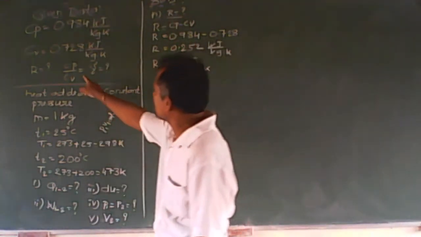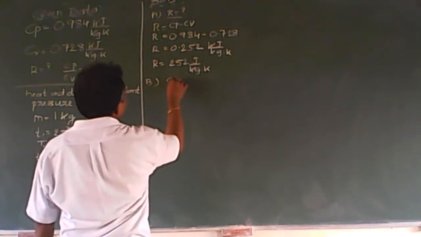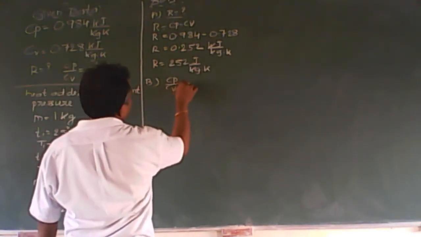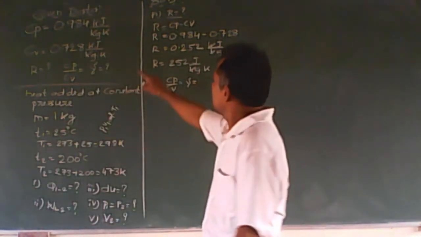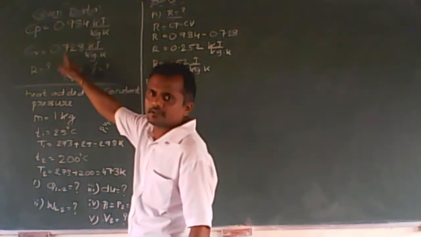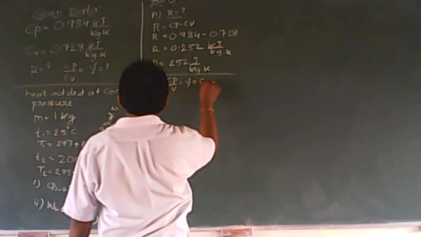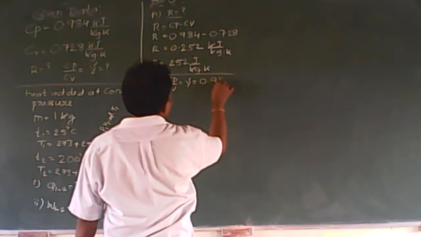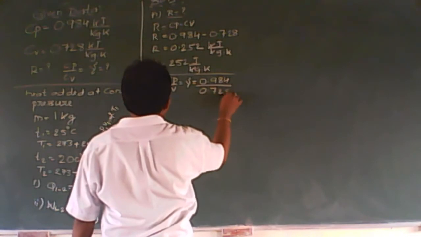Afterwards we have to calculate Cp also. So let me take it as B. Cp by Cv is equal to gamma. We have to calculate it. So direct substitution, Cp is 0.984 divided by 0.728.